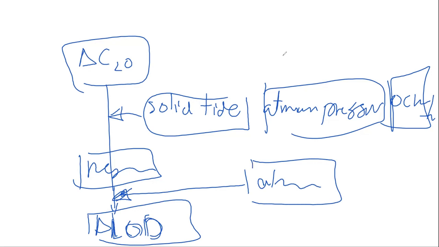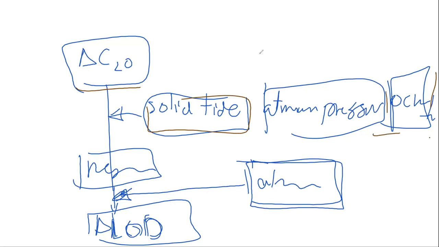It is written in the article I'm talking about that the atmospheric pressure should be added back. What you get from GRACE data is already corrected for the solid tide, ocean tide, and these things. But when you want to use them, you should add back the atmospheric pressure.